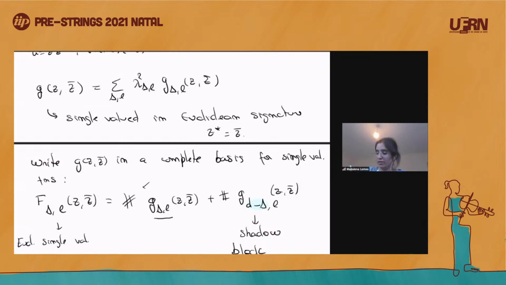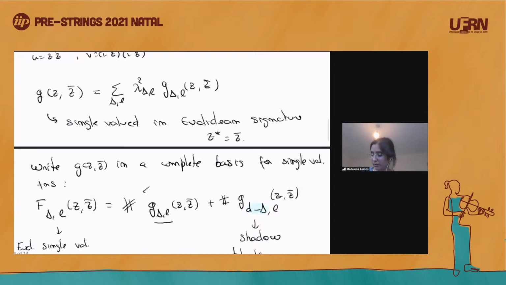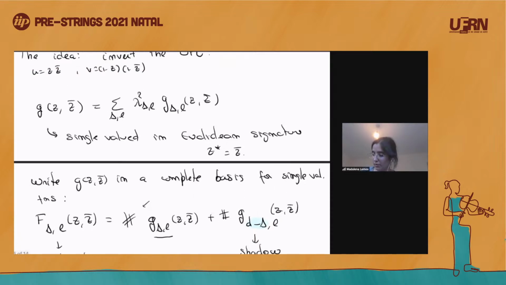You go around and there are no branch cuts. I'm emphasizing this because earlier, when we were taking Z and Z bar to be completely independent, we were seeing branch cuts and these things were not single valued. But if I take Z bar to be equal to Z star, then the correlation function is single valued. So you can go around the Z plane and you always go back.